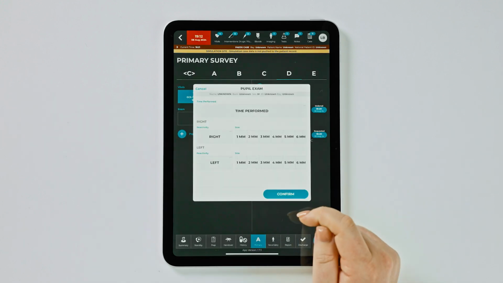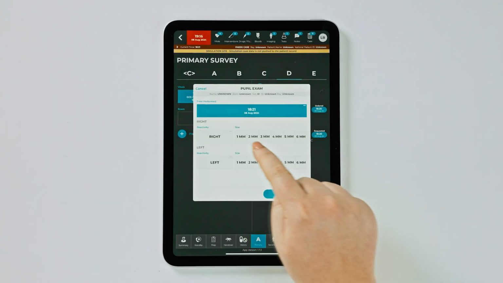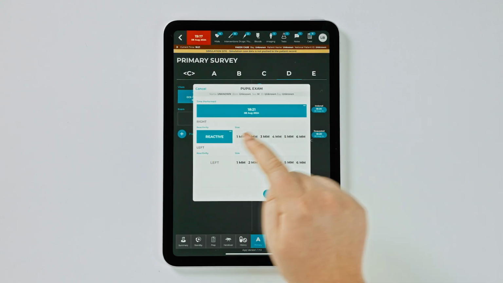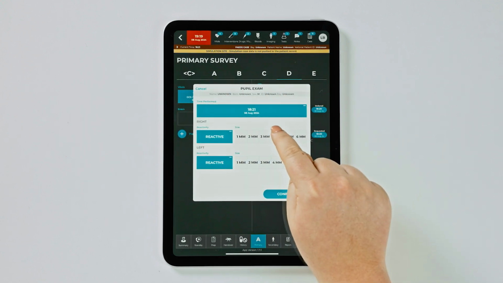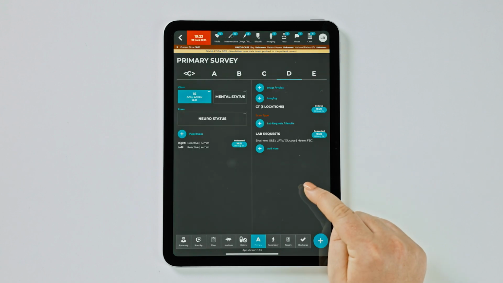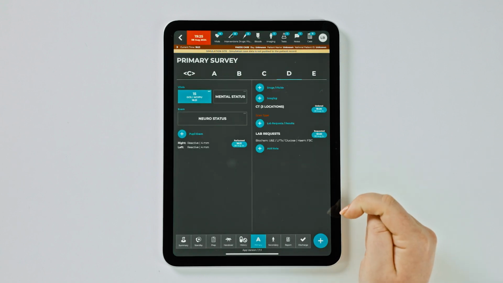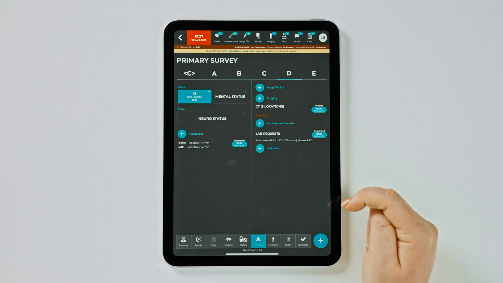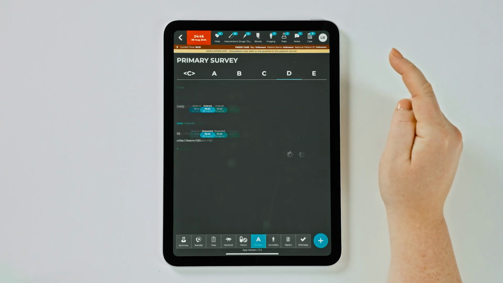A pupil examination was conducted and both pupils were reactive and each pupil was approximately 4mm in size. Based on this information, the ED consultant is happy to move on to E for exposure.